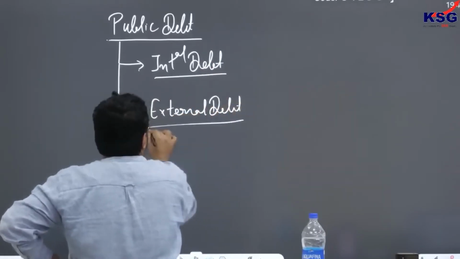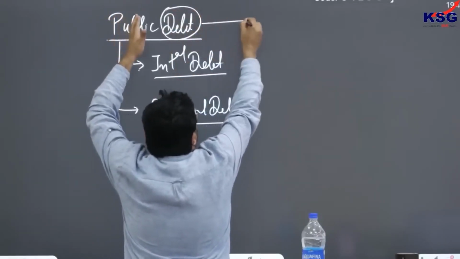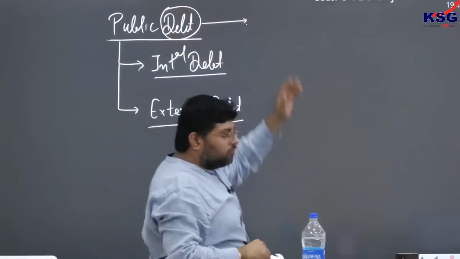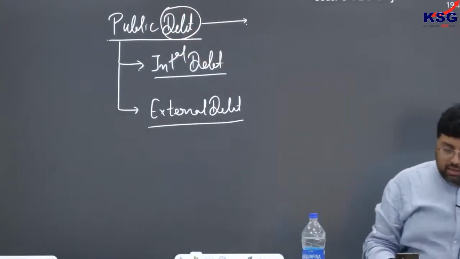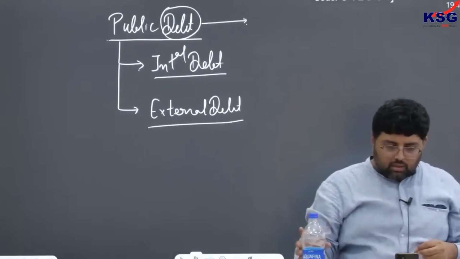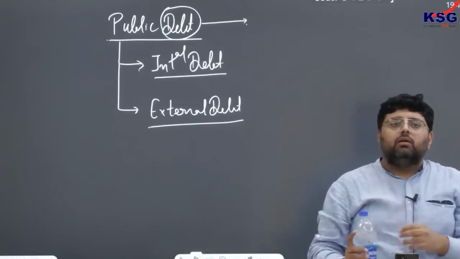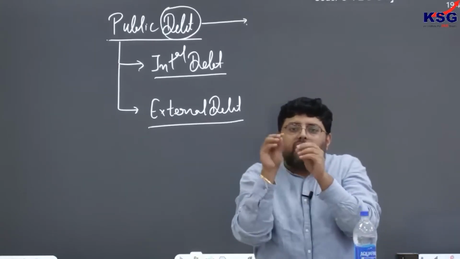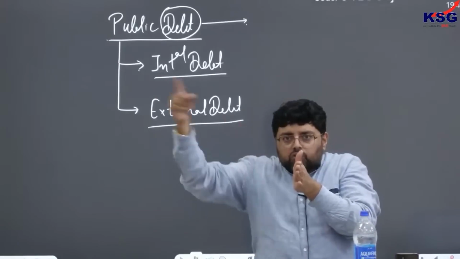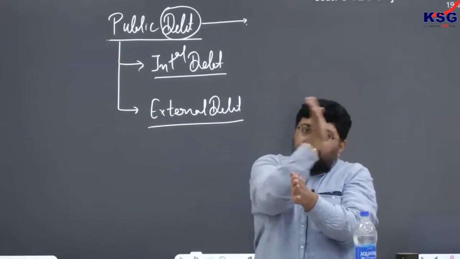Now here, first of all understand the words: what is public, what is debt. First understand what is debt. When I talk about FD, FD is for future borrowings that I am going to take. Debt means whatever I have already taken.